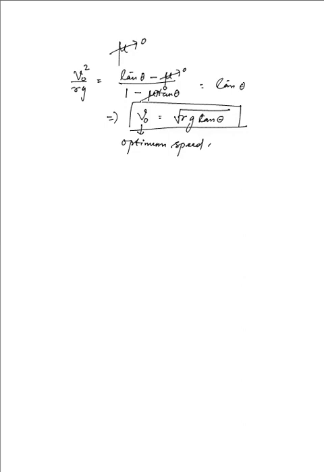Now what happens is that if the vehicle moves with a speed which is much greater than the optimum speed, then it has a chance of losing its track. Why? Because it experiences reduced friction as well as centrifugal force, which is a fictitious force which occurs due to the inertia of direction.